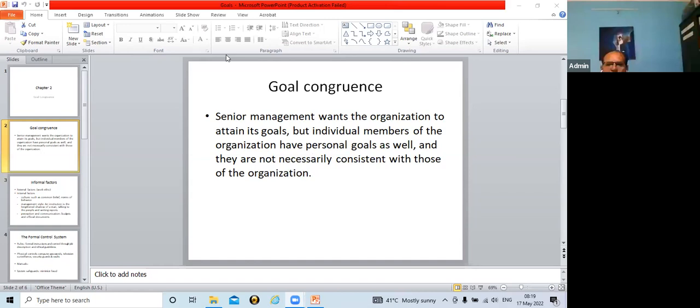Though they are not the same, we need to have a connection of personal goal with organizational goal, and organizational goal to be connected with personal goal. We need to connect with each other.